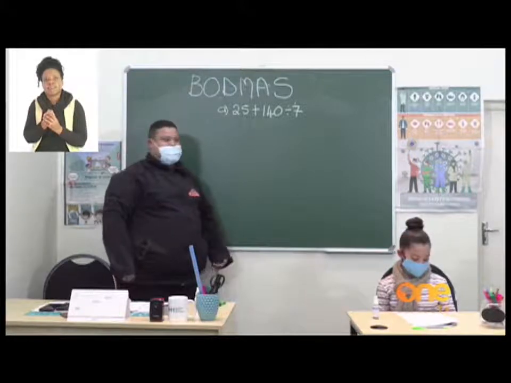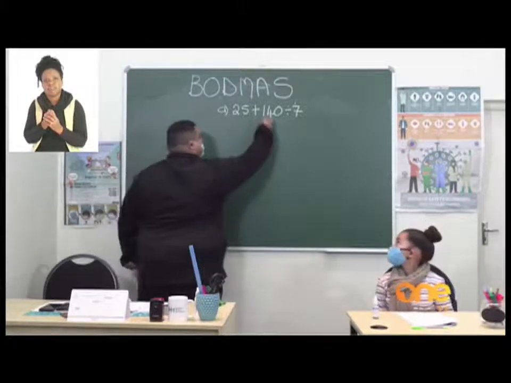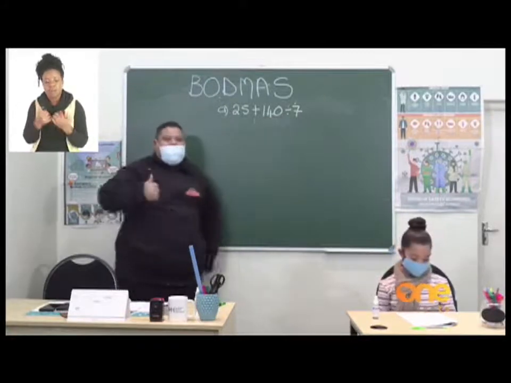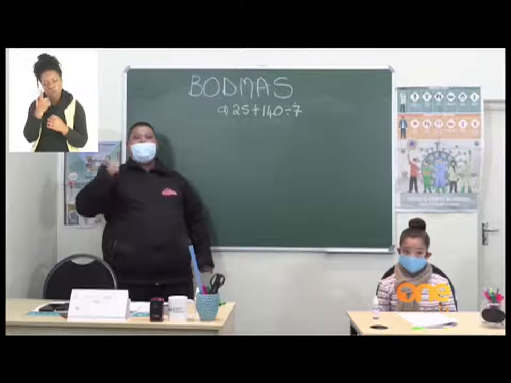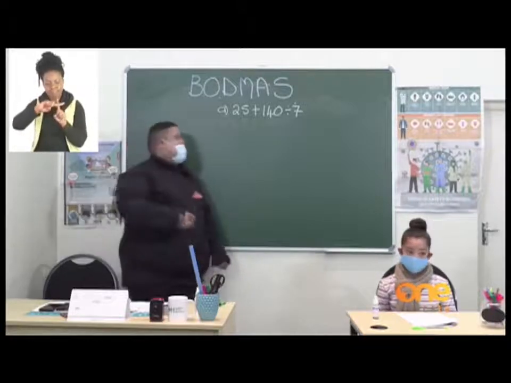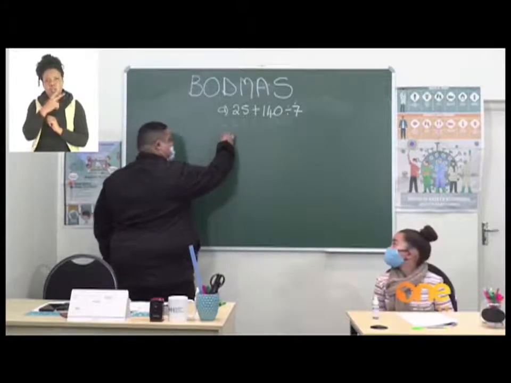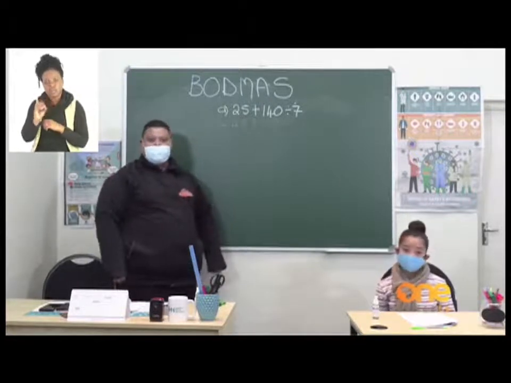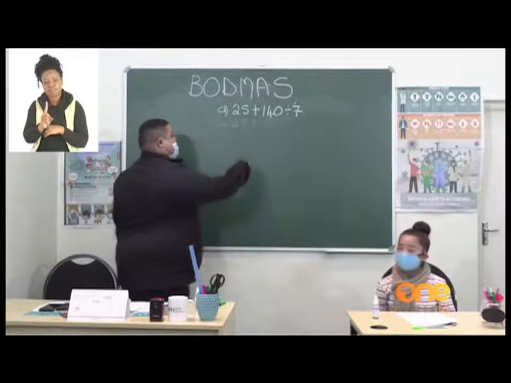And 140 divided by 7 equals 20. Now I'm left with my addition sum. Now we say equals 25 plus 20, and that is equal to 45.